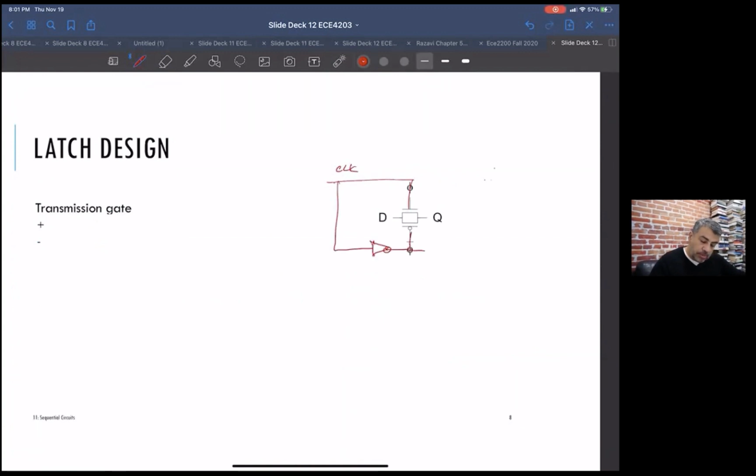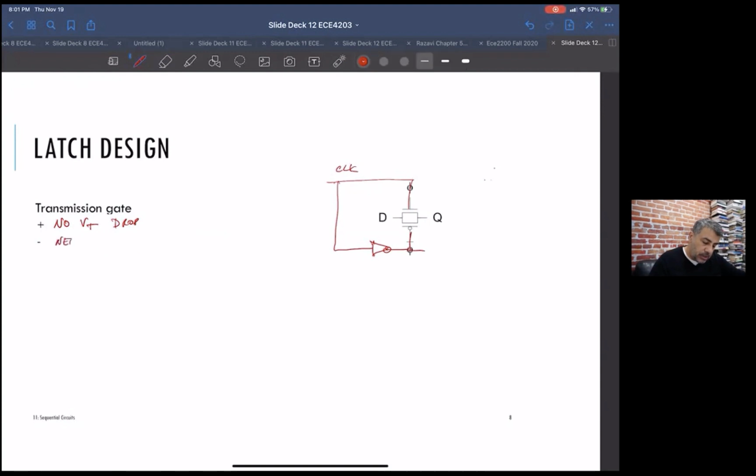On the positive side, again, we're familiar with the transmission gate: we'd have no VT drop. But on the negative side, we need an extra inverted clock.